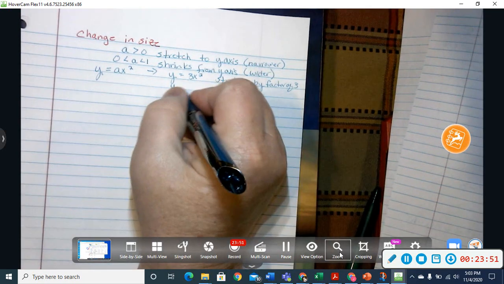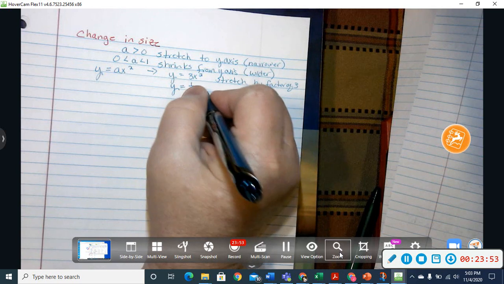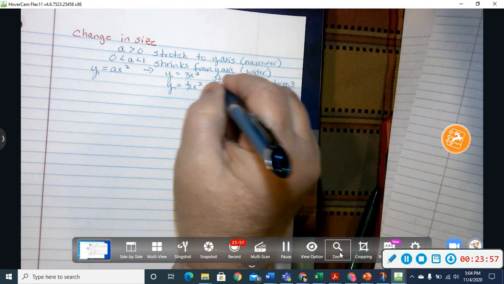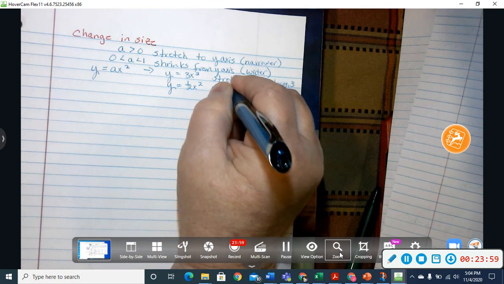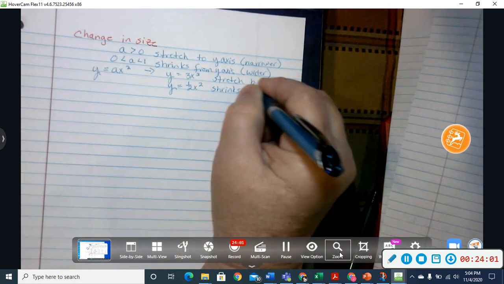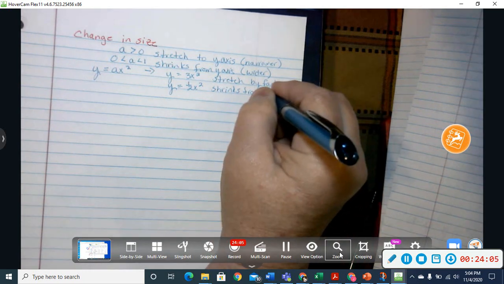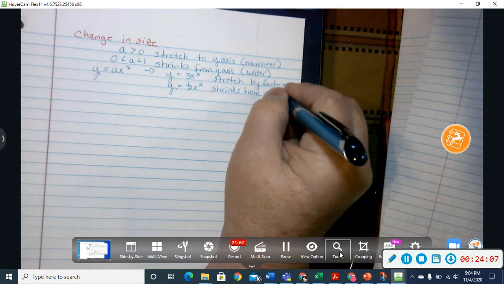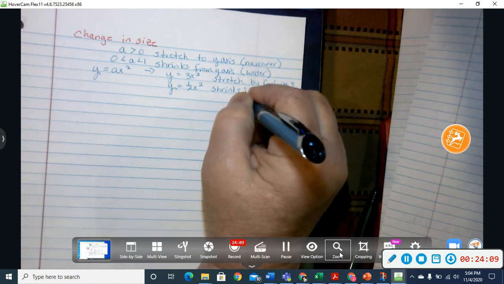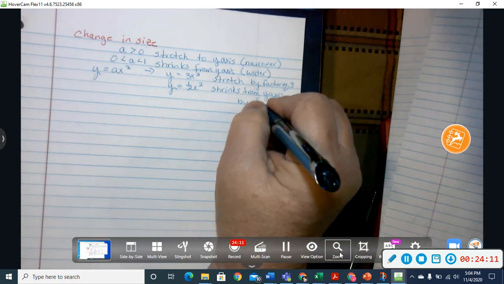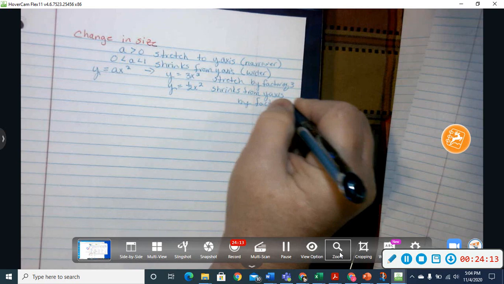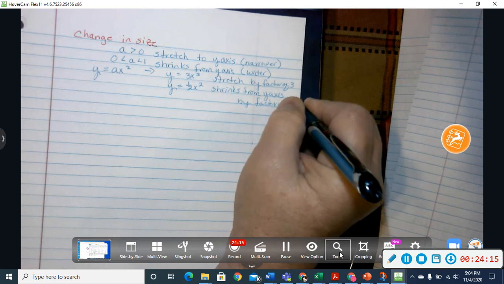If we have y equals 1/2 of x squared, that means that it shrinks from the y-axis by a factor of 1/2.